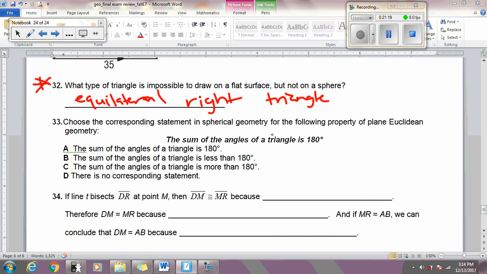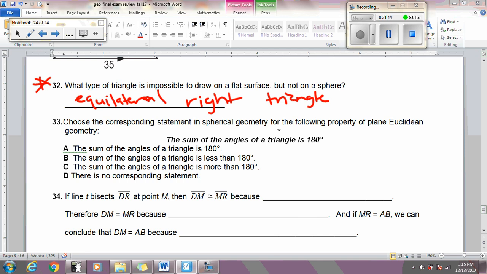33. Choose the corresponding statement in spherical geometry for the following property of plane Euclidean geometry. Again, we are studying Euclidean geometry, and we only touched on spherical for a little bit. When we studied our triangles, we remember that the sum of the interior angles is 180 degrees.